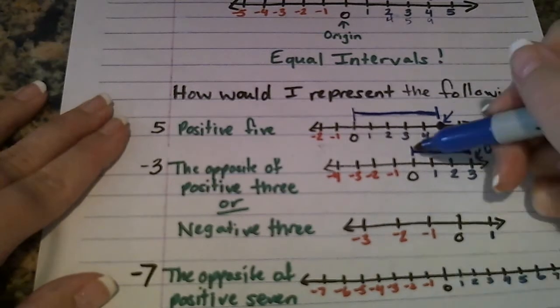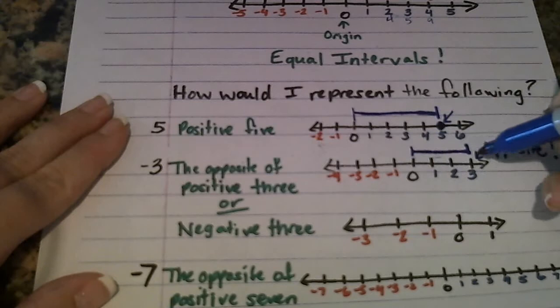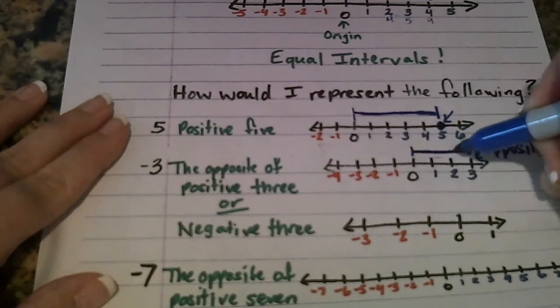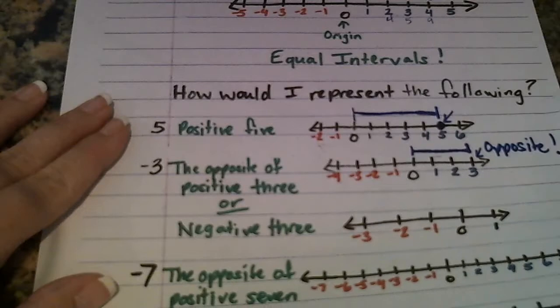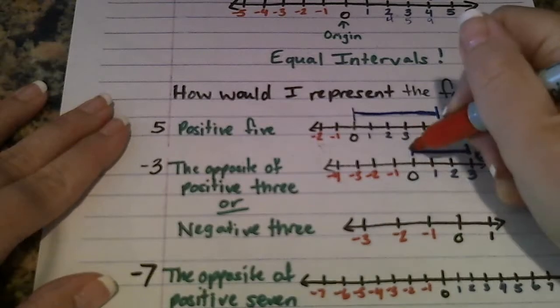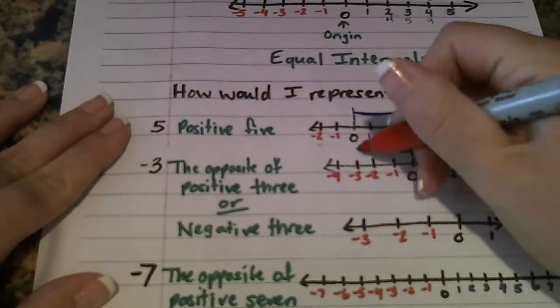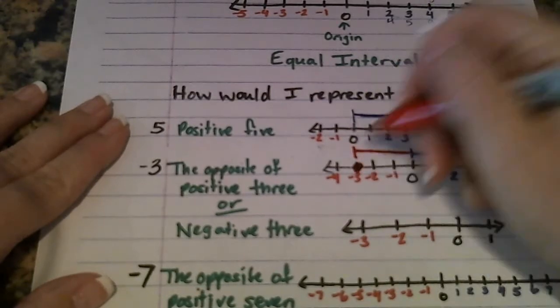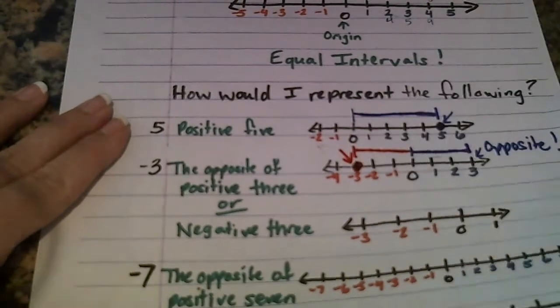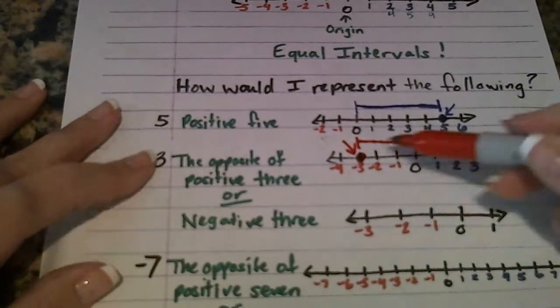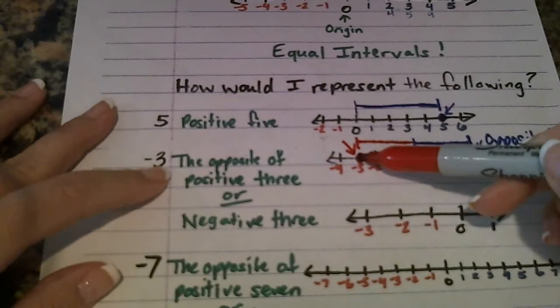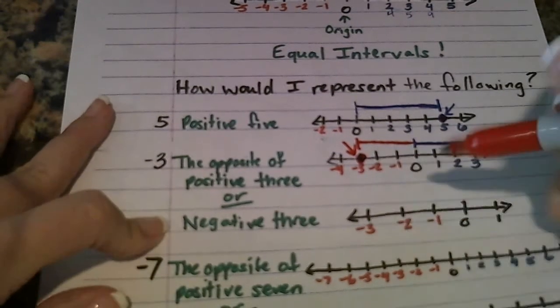So I'm going to take whatever action I just showed and do the opposite. What I did was I moved 3 spaces to the right. So to find the opposite of a positive 3, I'm going to move 3 spaces to the left. So my point plotted should be on that negative 3.